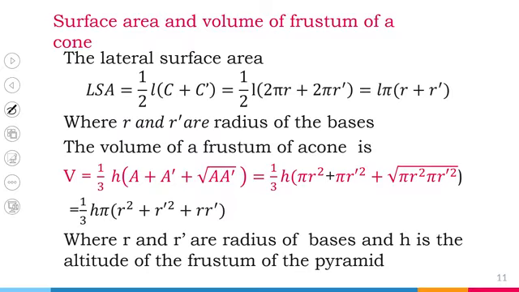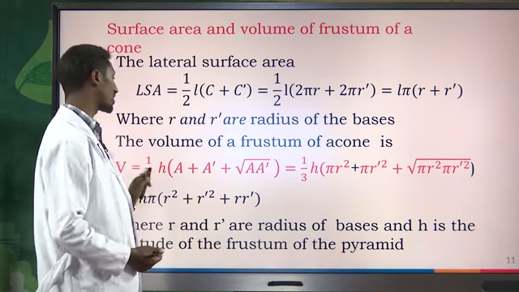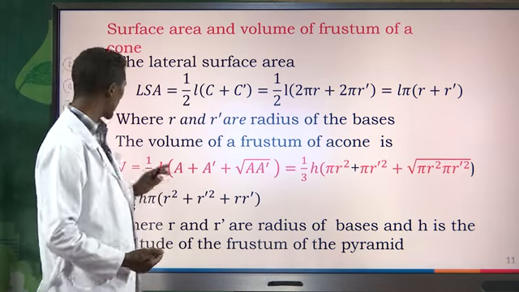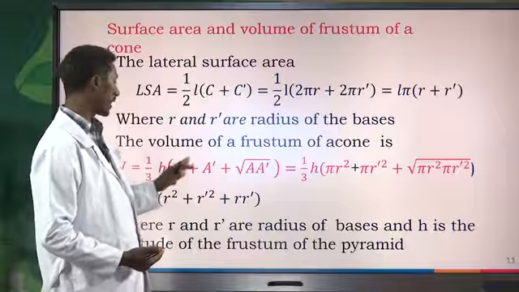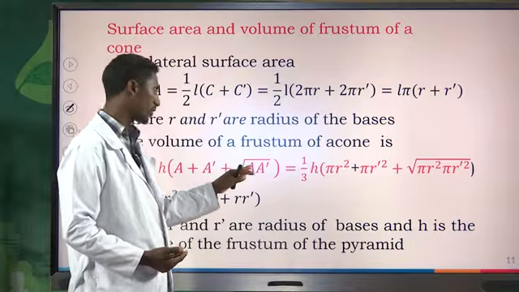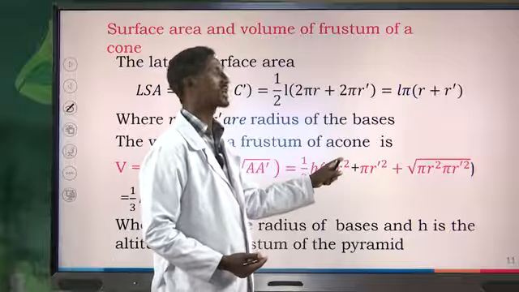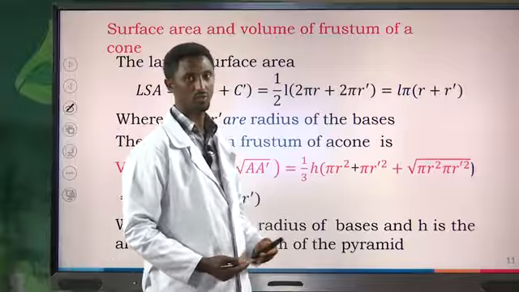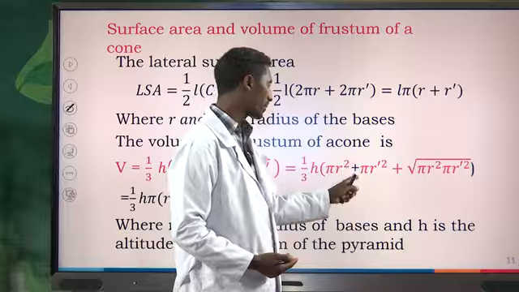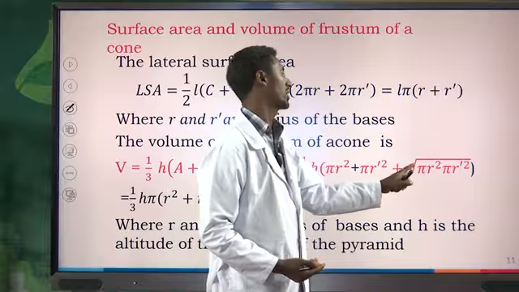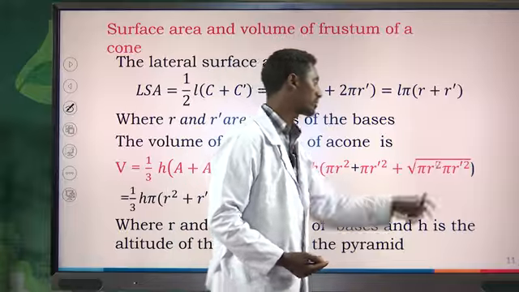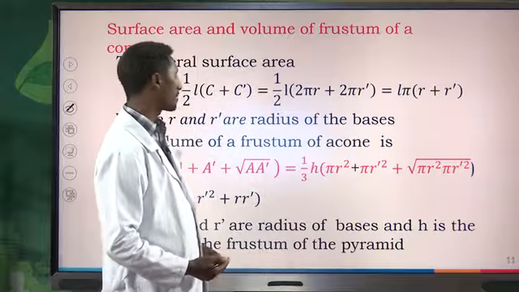And the volume of a frustum of a right circular cone is 1 over 3 h times (A plus A prime plus the square root of A times A prime). That's 1 over 3 h times (pi r squared, because the area of a circle is pi r squared, plus pi r prime squared plus the square root of pi r squared times pi r prime squared).